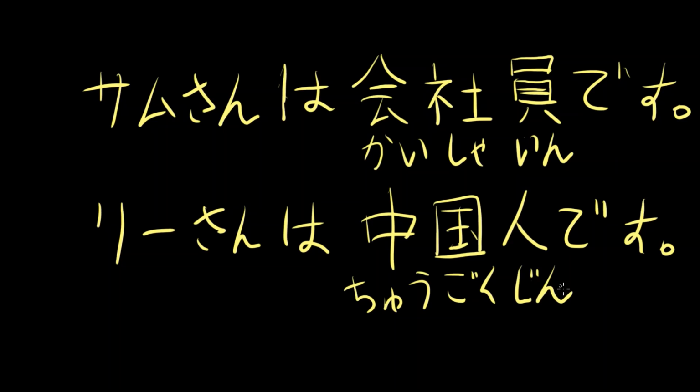And 人 is, you probably noticed, the symbol for person, Hito. In this case, it's pronounced Jin. So, 中国人、アメリカ人、オーストラリア人。私はオーストラリア人。リーさんは中国人です。So, Miss Lee is Chinese.